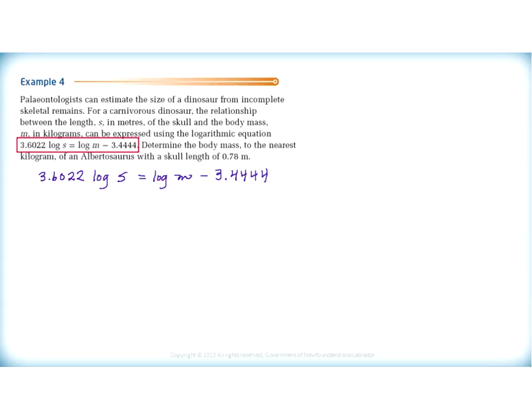So let's look at what the question is asking. Determine the body mass to the nearest kilogram of an Albertosaurus with a skull length of 0.78. So basically what we are asked to find is the value of M when S is equal to 0.78. So we need to substitute this value for S into the given equation.